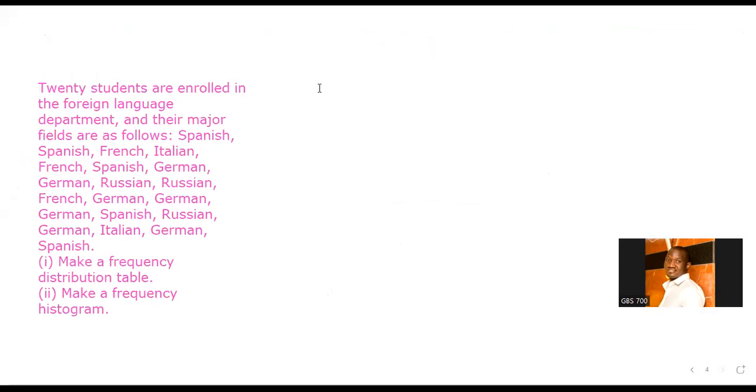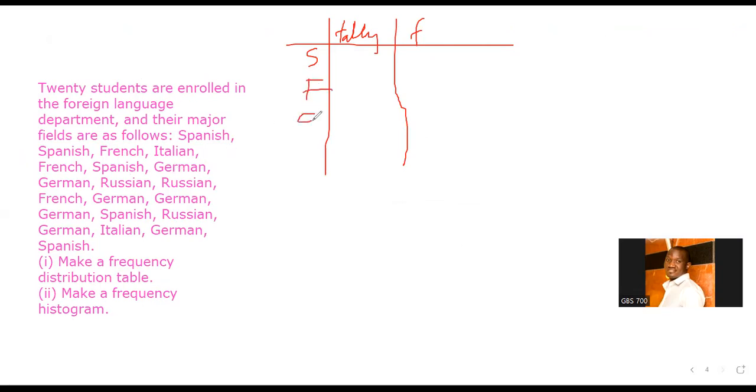Okay, so we have the following languages. What languages are there? We have Spanish, and use a tally, maybe find the frequency. Then we also have French. What else do we have? German.